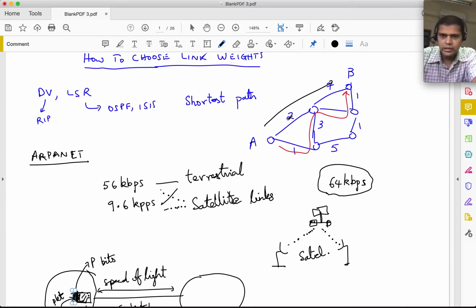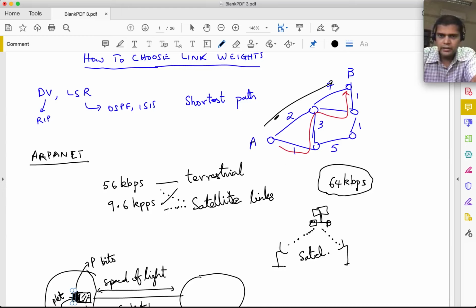And now the queuing delays along this path will increase, and the queuing delays here will decrease because packets from A to B are not going this way. Okay, so the link weights here are going to decrease, and here now the link weights are going to increase because the queuing delays are high.